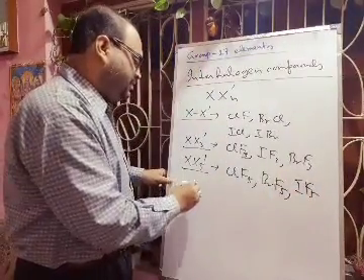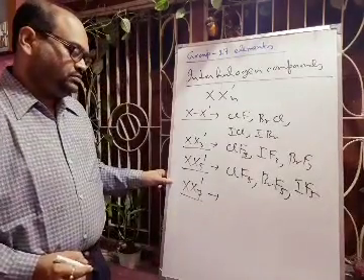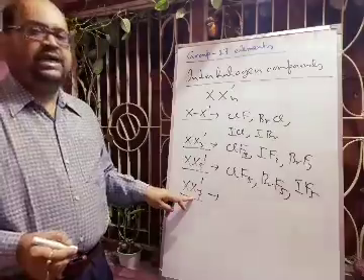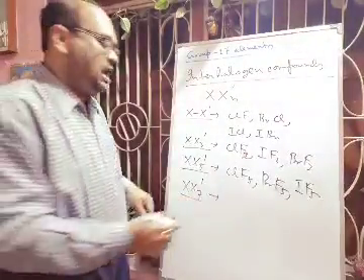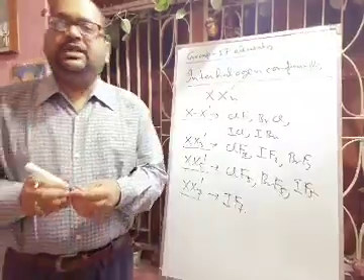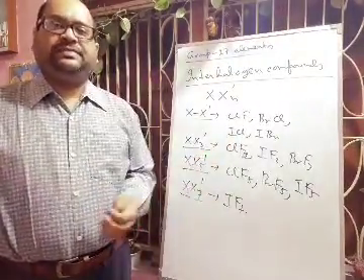And the next type of compound is XX'7, and in this type we can give the example IF7. So next, in your syllabus, the structure, hybridization and shape of these compounds is there.